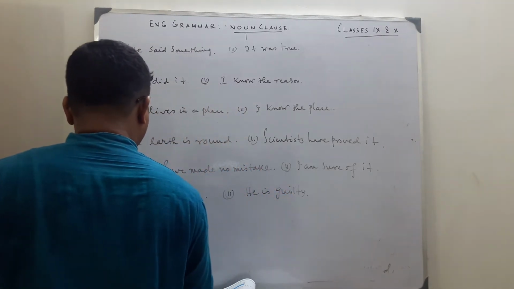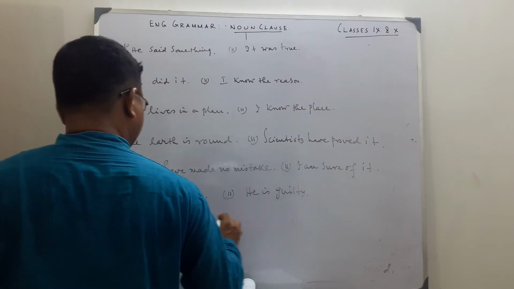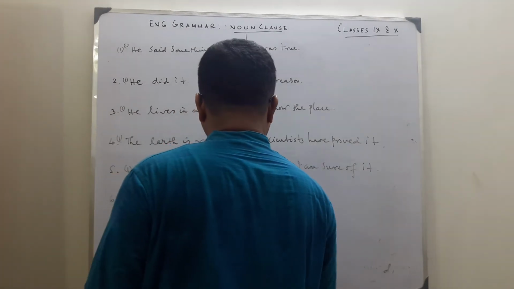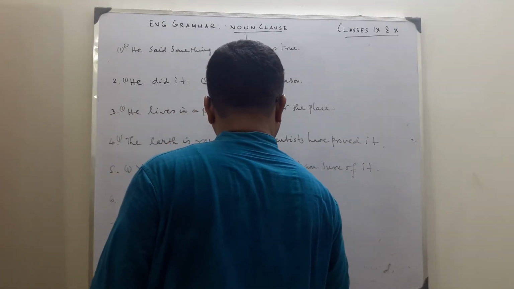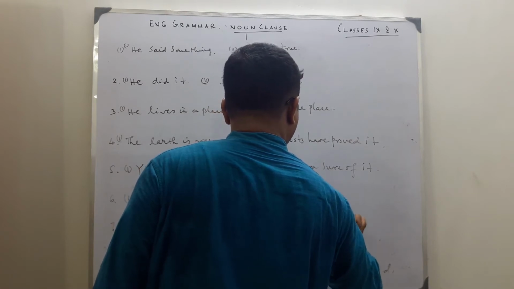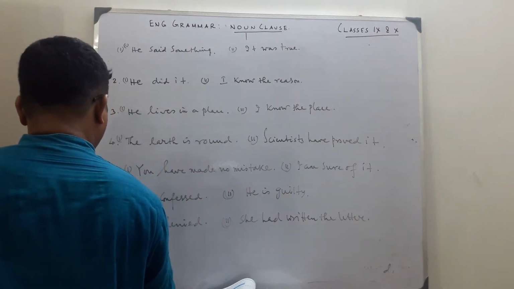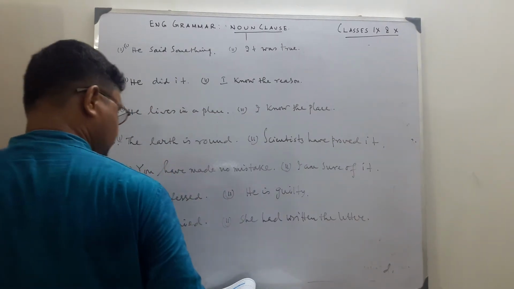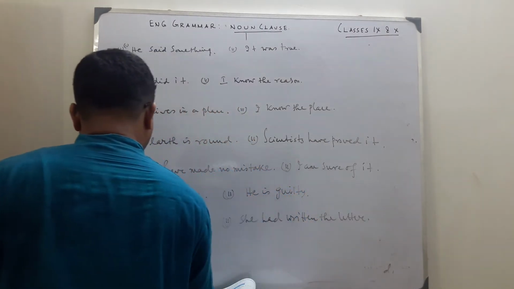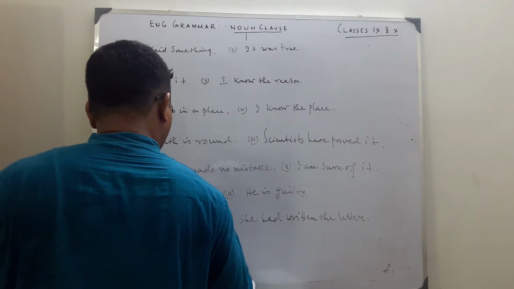Number 7, she denied. Number 2, she had written the letter. Next, number 8, question number 1, it was unfortunate.